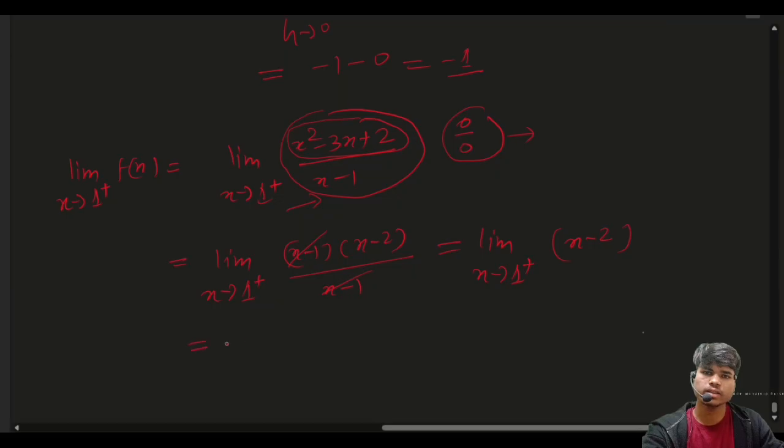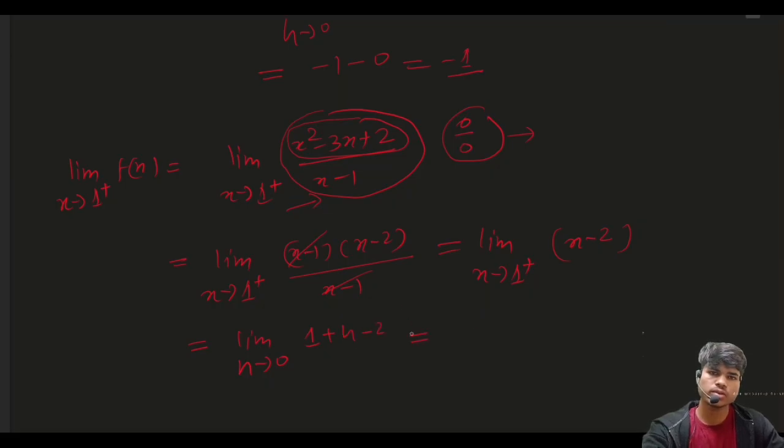We can write this like limit h tends to 0, 1 plus h minus 2. After solving, we have h tends to 0, minus 1 plus h. So finally we get right hand limit minus 1 plus 0, that is minus 1.